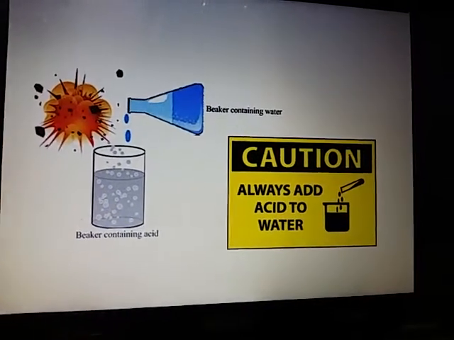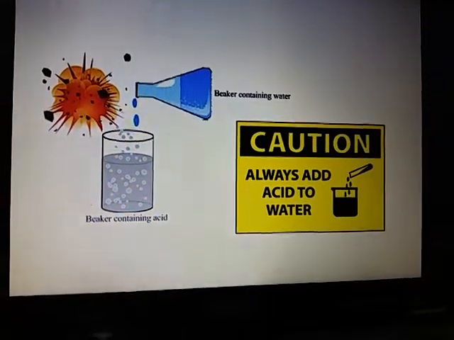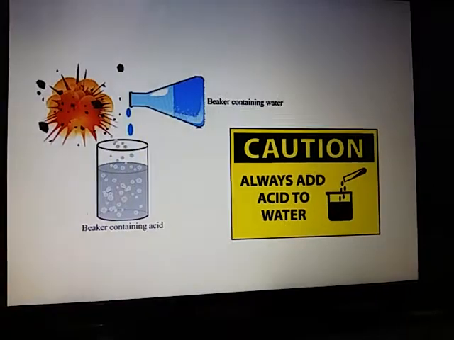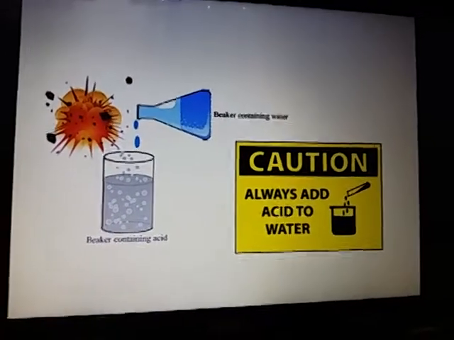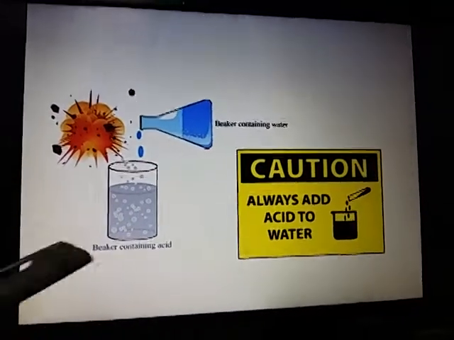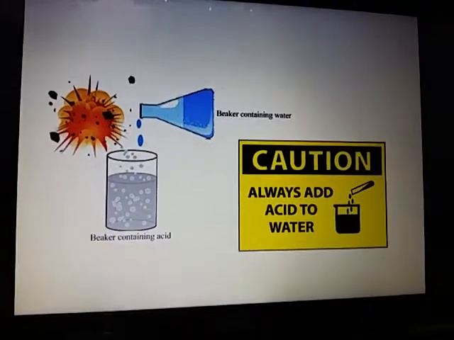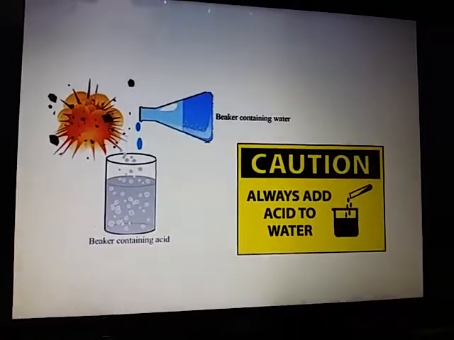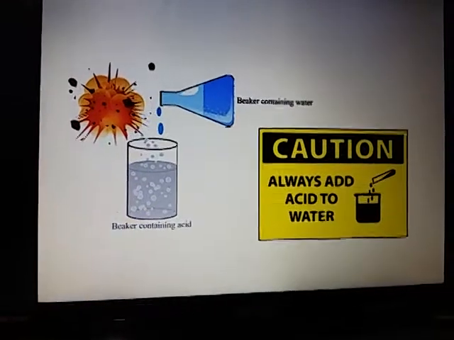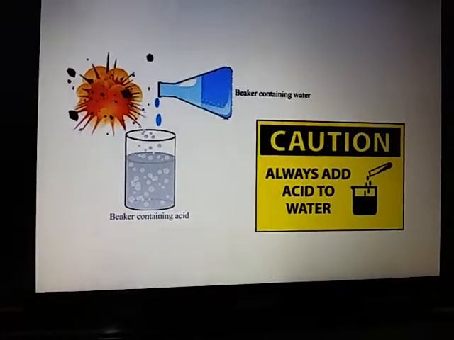Exothermic process means it involves a lot of heat, and this heat is so much that the acid may splash out of the container and it may harm the user, right? Therefore it is very dangerous to add water to acid.